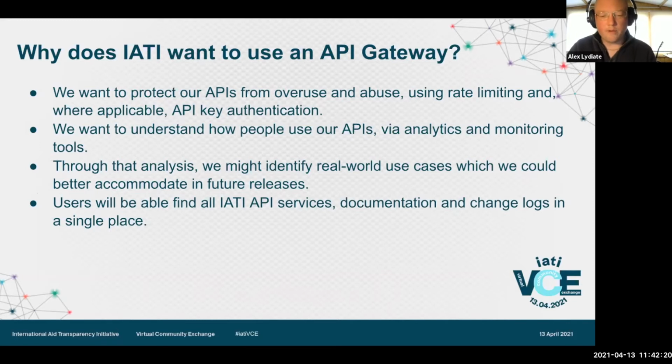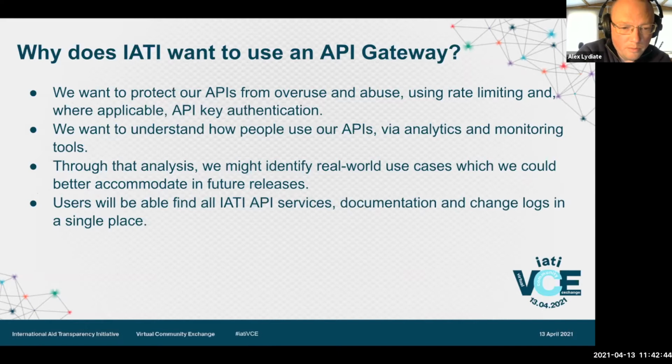By identifying patterns like that, we can think, okay, in a future release, perhaps we should be designing an API with route D. And what route D does is use route A, route B, route C, and that will offer a much easier way for that group of users to gain IATI services.